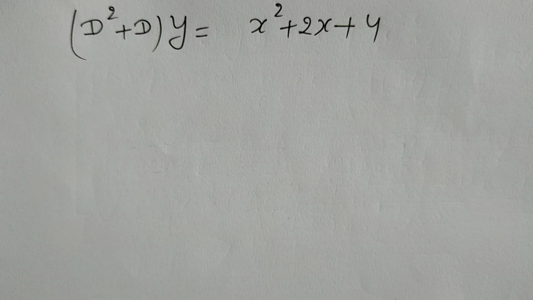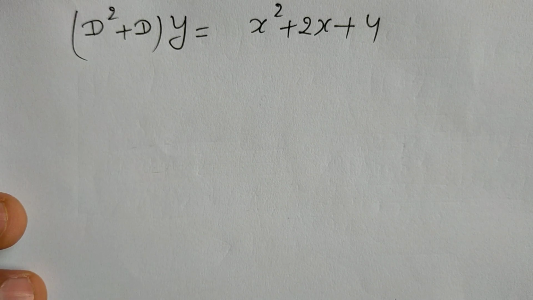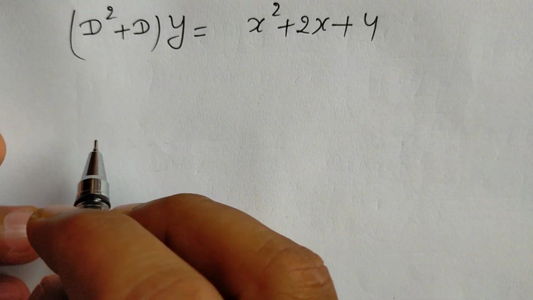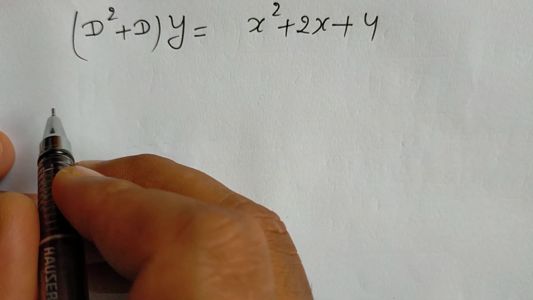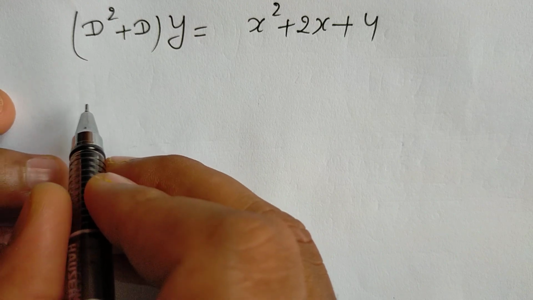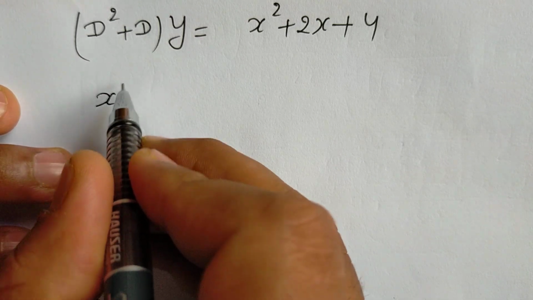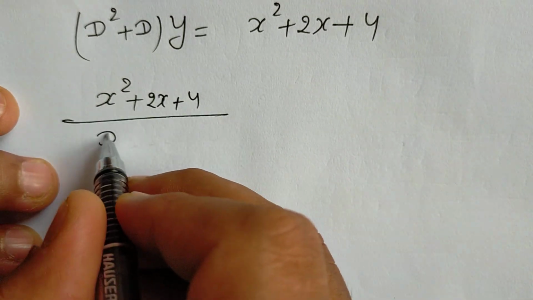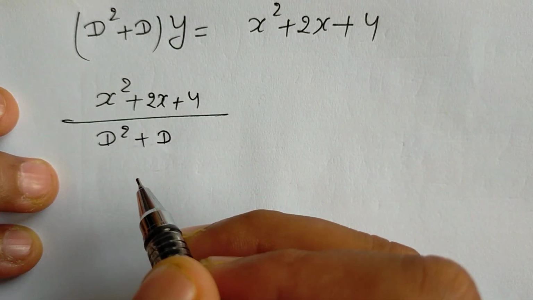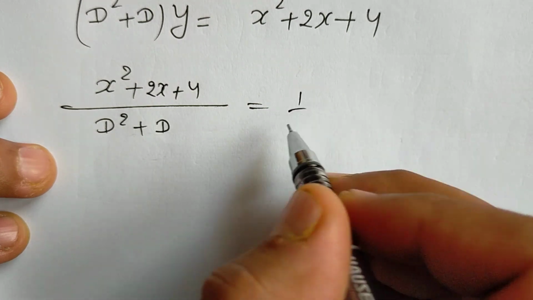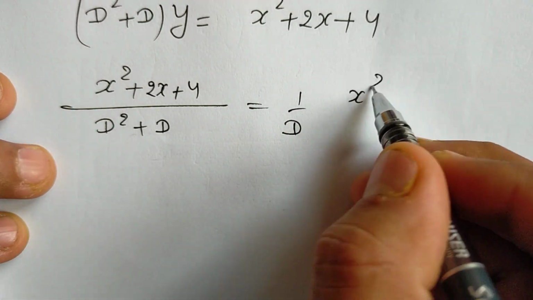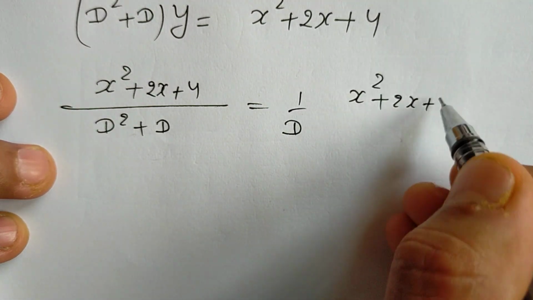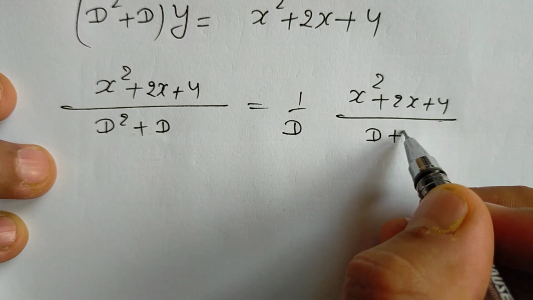Let us see how to deal with the non-homogeneous part when it is a polynomial. Here you use the binomial expression for finding the particular integral. So here the PI will be x square plus 2x plus 4 by D square plus D. Here we can take D common, so we get x square plus 2x plus 4 by D plus 1.